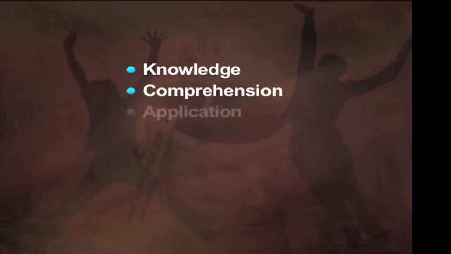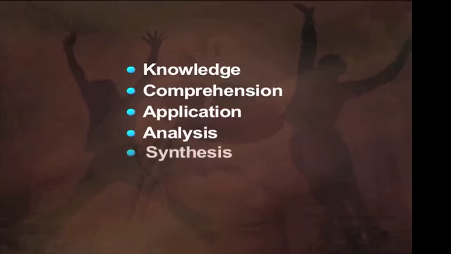This is how the 6 categories, namely knowledge, comprehension, application, analysis, synthesis and evaluation, are placed in a hierarchy in the cognitive domain.